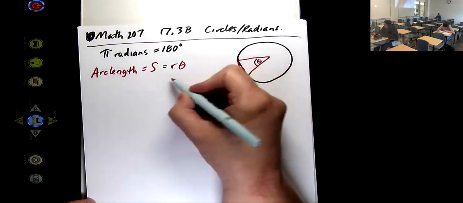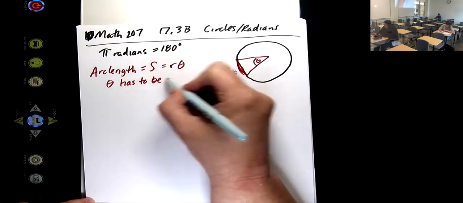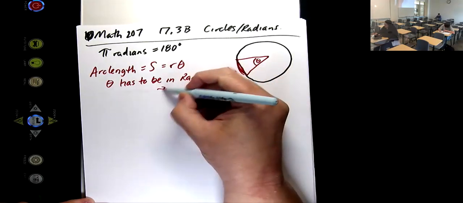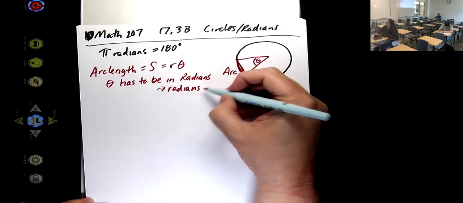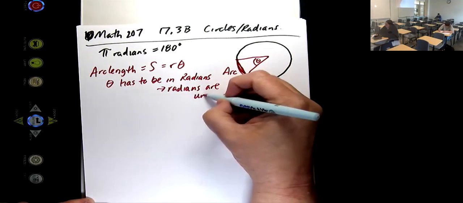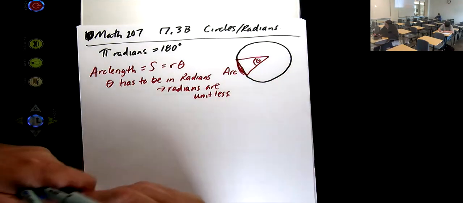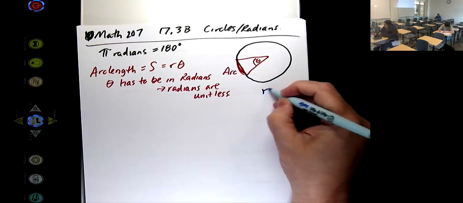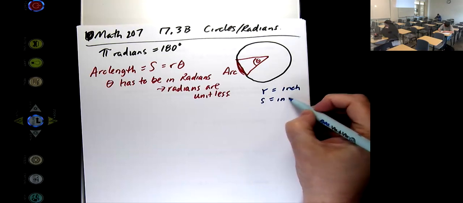But theta has to be in radians, not degrees, because radians are unitless. So if R is in inches, S needs to be in inches also.